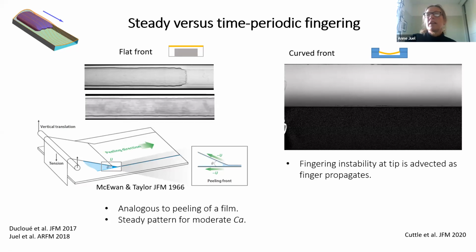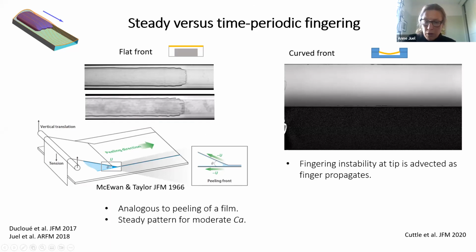But you essentially get a relatively steady front propagating down the channel with a number of fingers that have some internal dynamics, similar to what you will see in the printer's instability, in the McCune and Taylor peeling system at sufficiently large capillary numbers. But essentially, by having a flat front, you get a steady initial instability of this front.